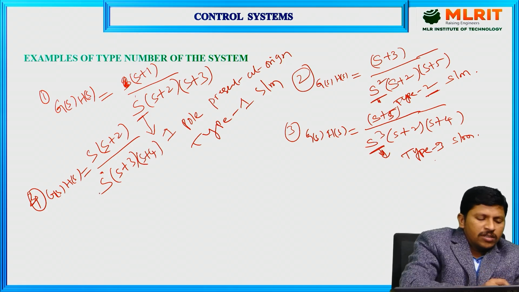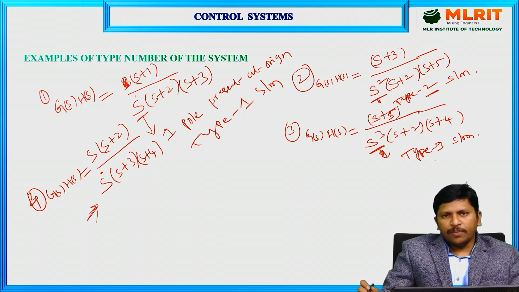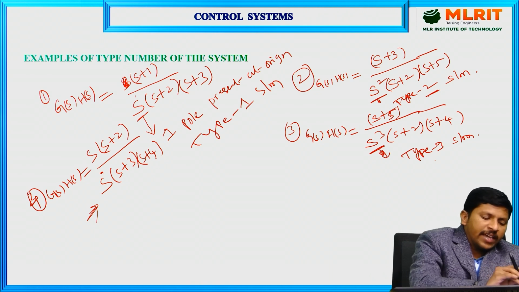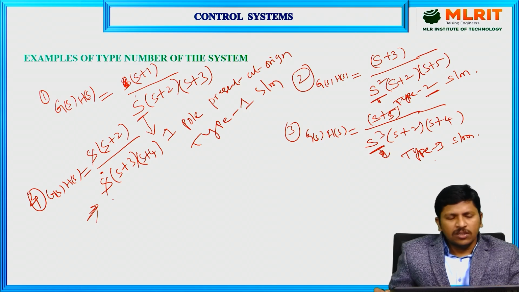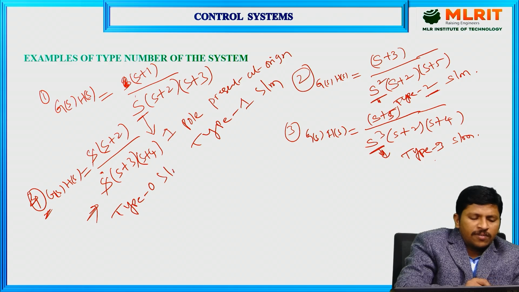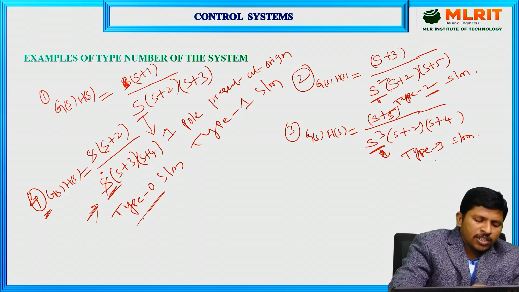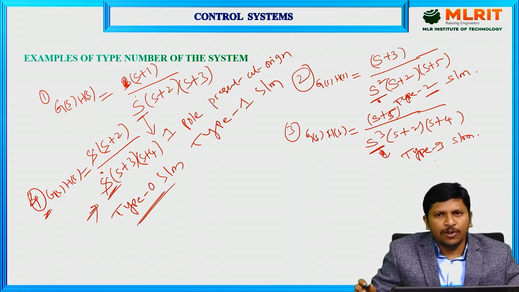Identify which type number system this is. Here the s terms get cancelled, leaving s plus 2 divided by s plus 3, s plus 4. Are there any poles at the origin? No, there are no poles present at the origin. So it is a type 0 system, because s power 0 is nothing but 1. Like that, we determine the type number of the system.